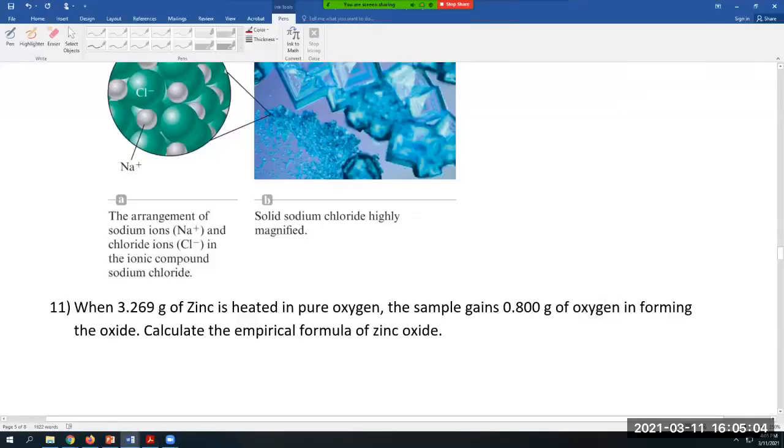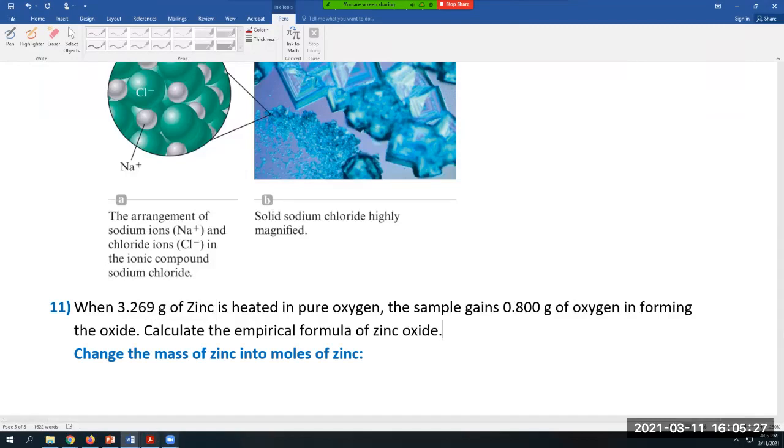So what you have to do is change those masses into moles, because the formula is based on moles, or number of atoms put together. So we need to change the mass of zinc into moles of zinc. So that's going to be the first step. Change the mass of zinc into moles of zinc.